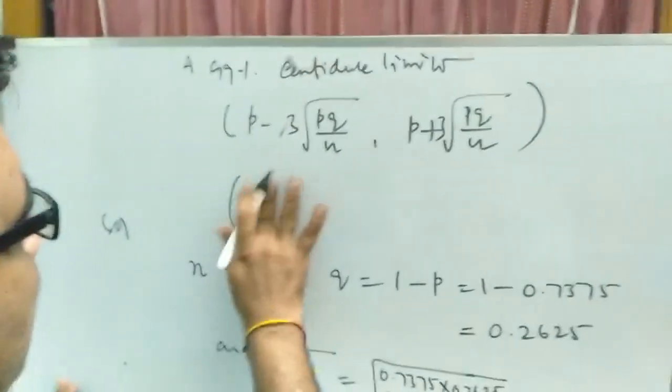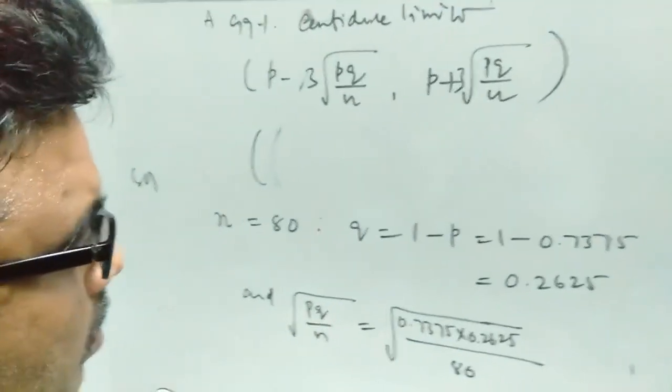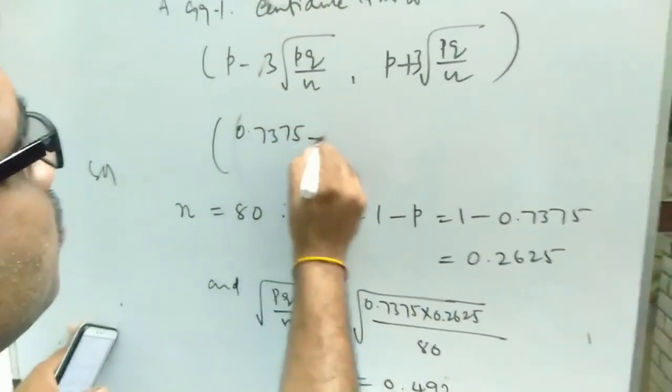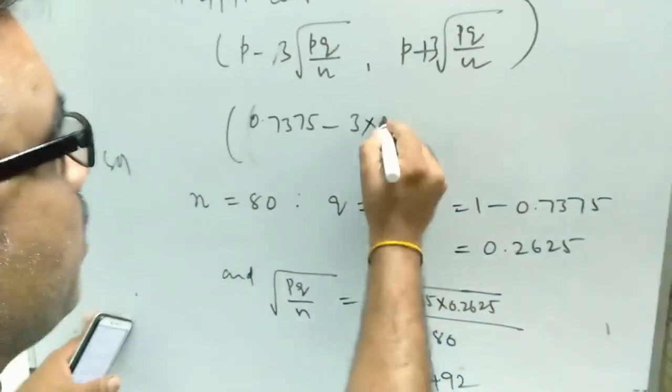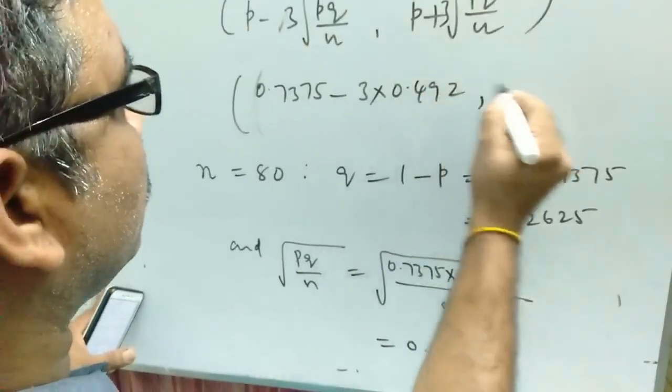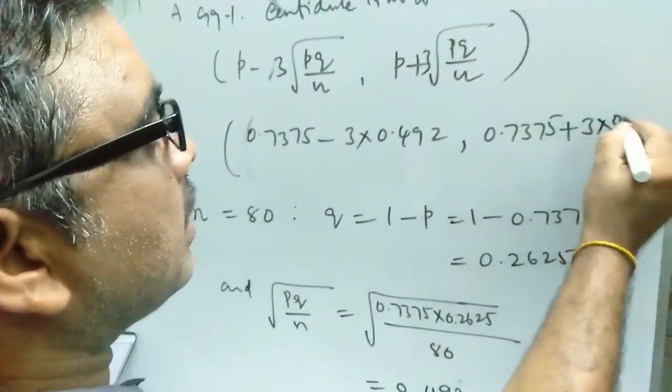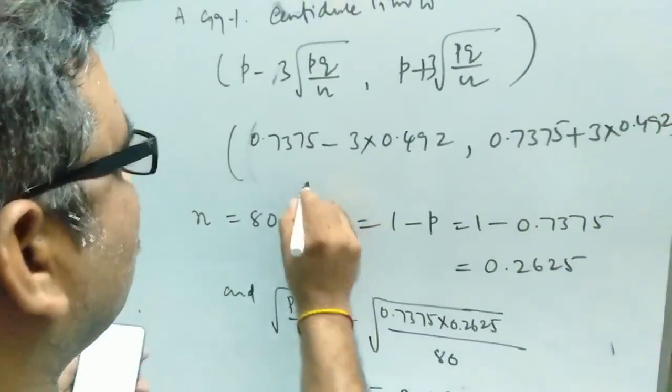So what is the p value? 0.7375 minus 3 into this value 0.492 comma 0.7375 plus 3 into 0.492.